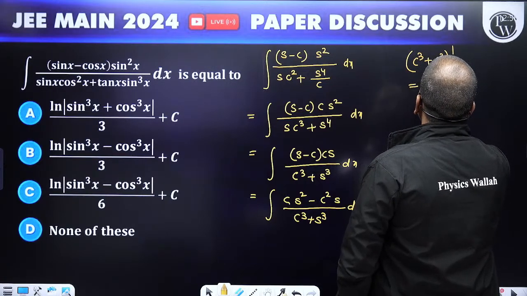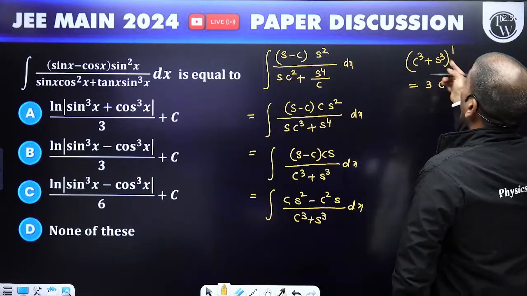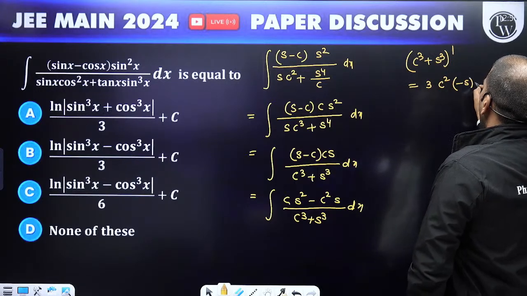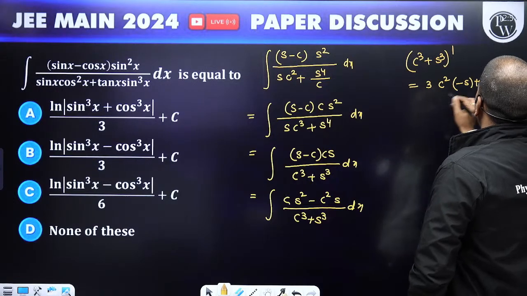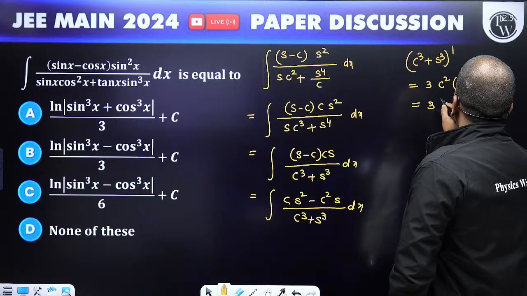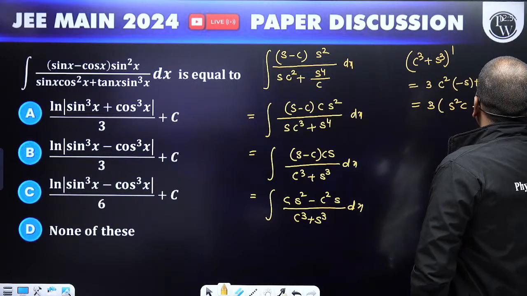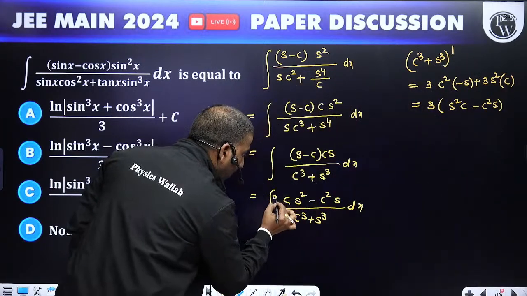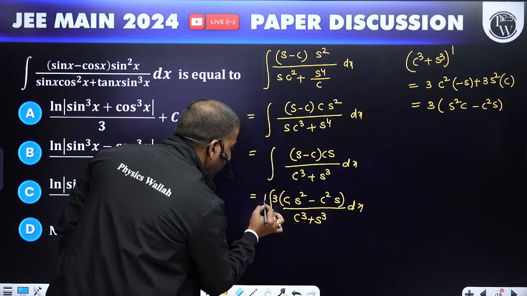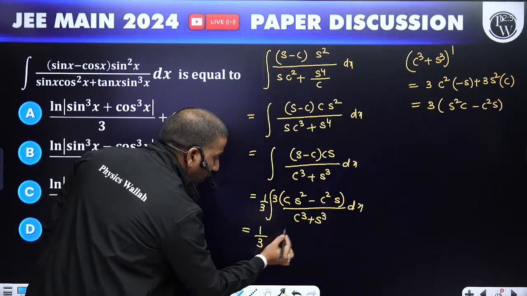So that is 3 times c square, and the derivative of cosine is minus s, plus 3 times s square, derivative of sine is cosine, right? So if you take 3 common, s square c minus c square s. So the derivative of the denominator is in the numerator. Let us adjust 1 by 3 times.